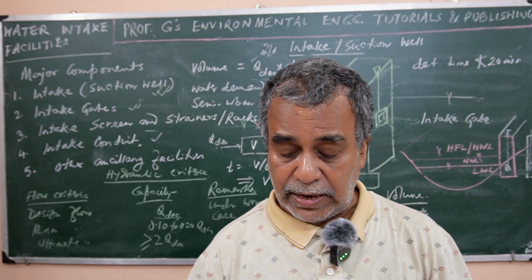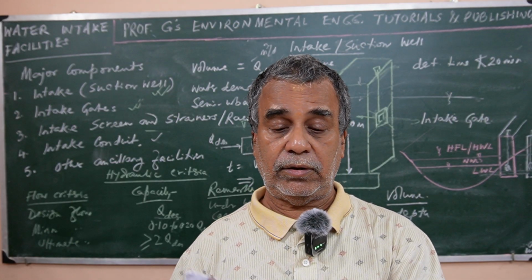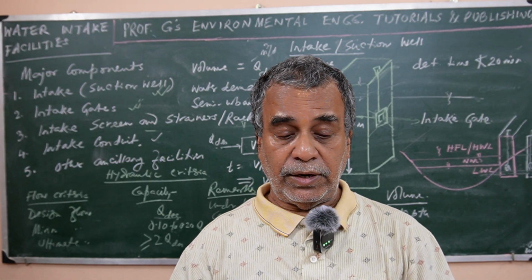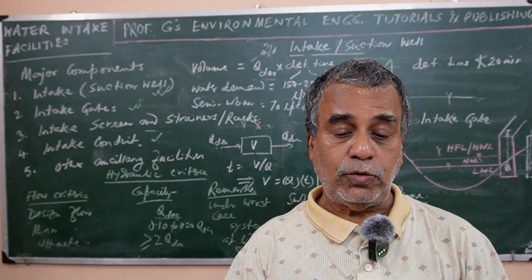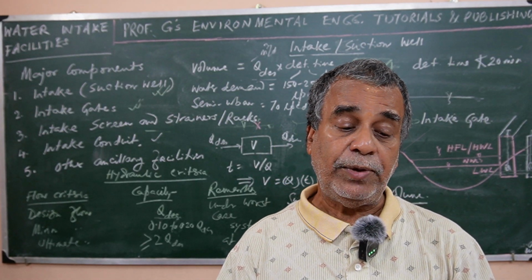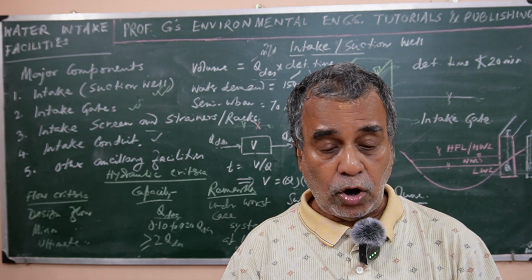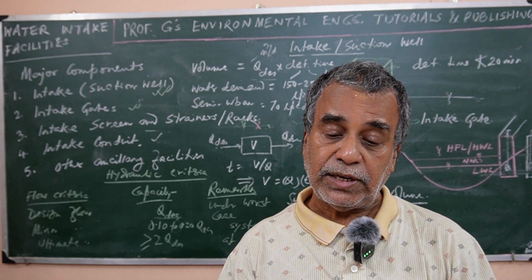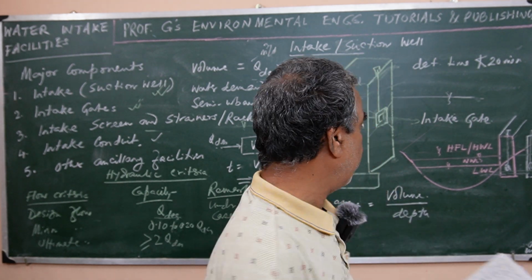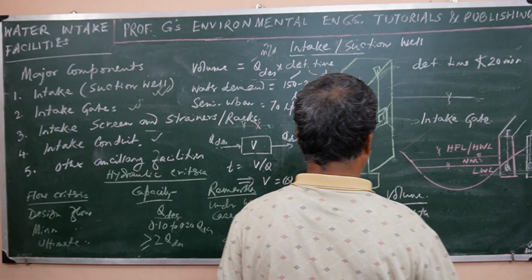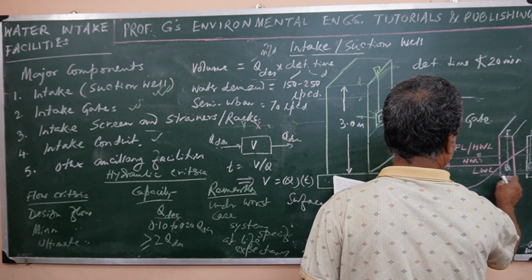And here I am just reading it out: the bottom of the well should be at least 1 meter below the river bed, or 1.52 meter below the LWL. That means the bottom of the well, this bottom of the well, right?